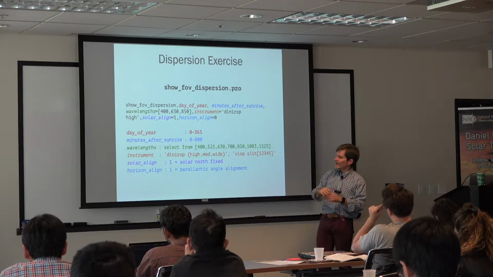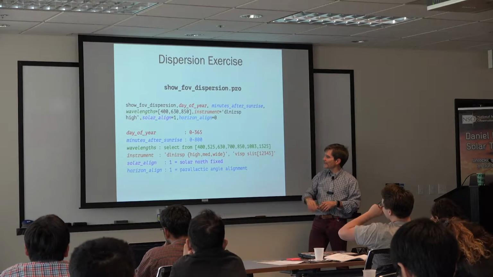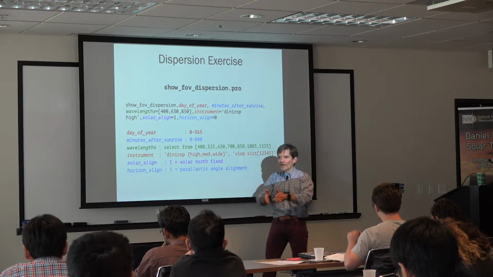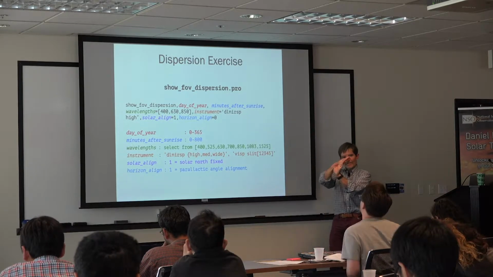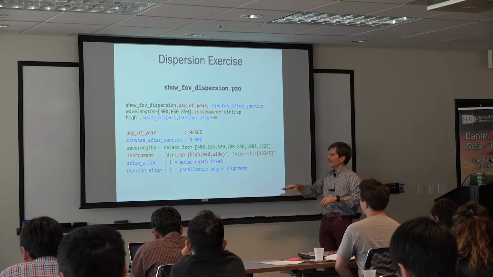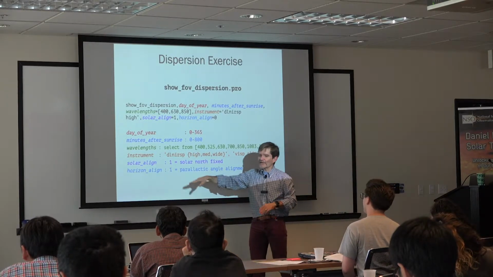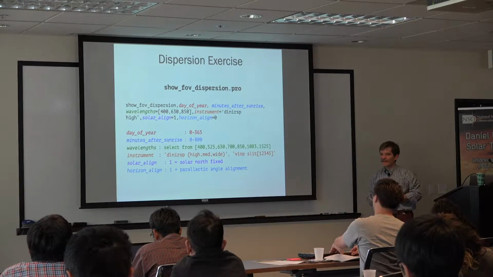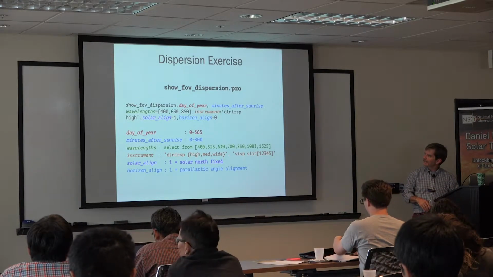You can play with it, see how much the overlap is. And then you can tell it to keep the solar image fixed, and it'll rotate the field of view based on the dispersion. Or you can tell it to line the angle with the horizon, and then the solar image will rotate.